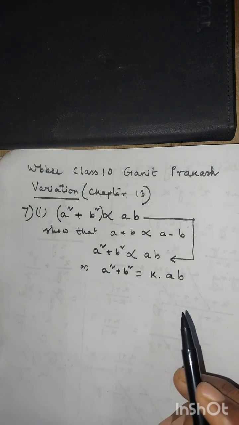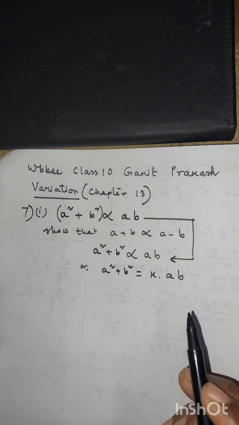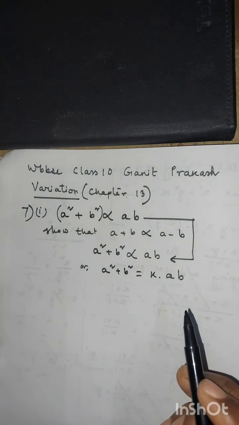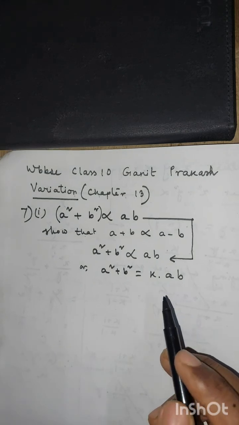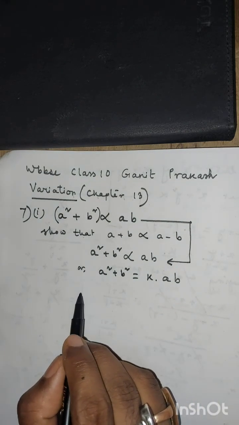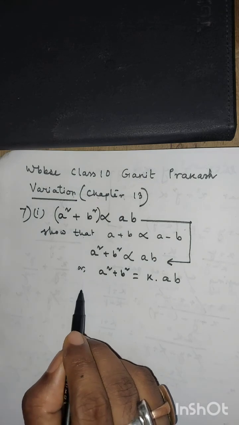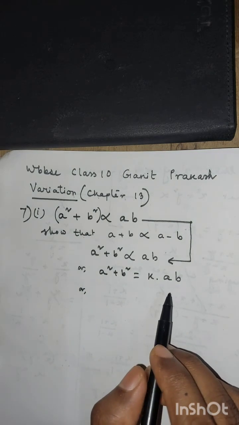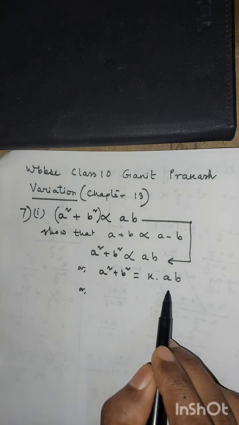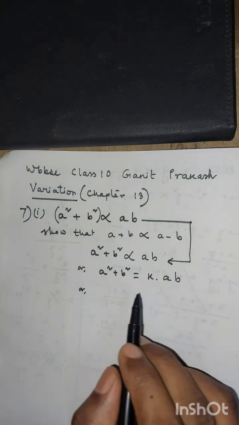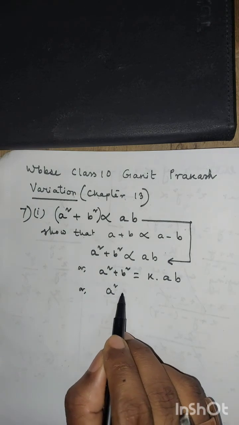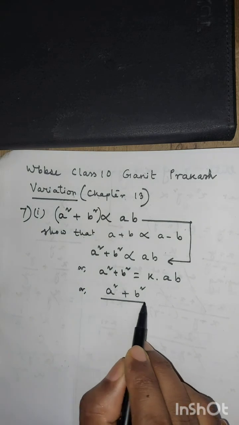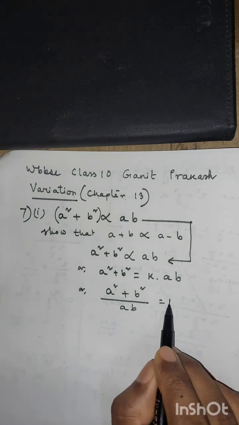Now let us bring ab to the left side. So it becomes a square plus b square by ab equal to k.